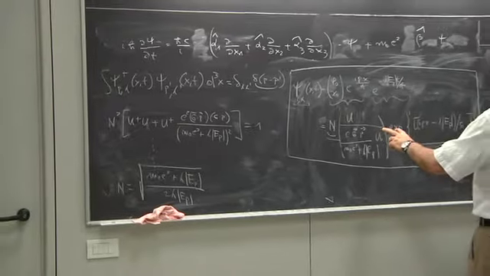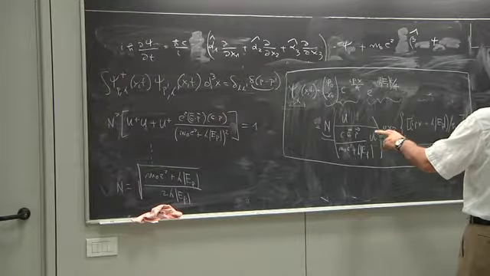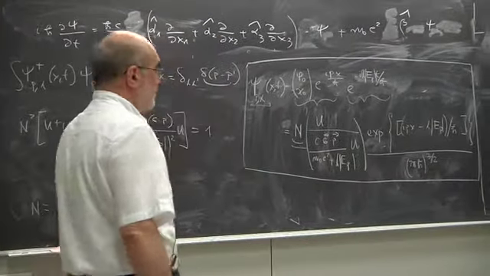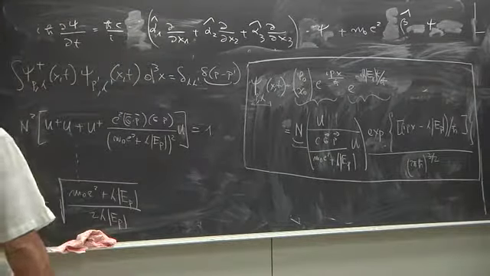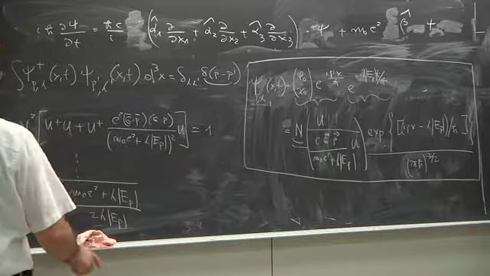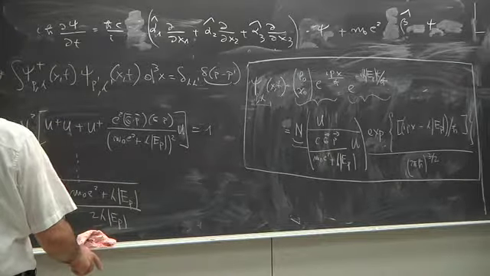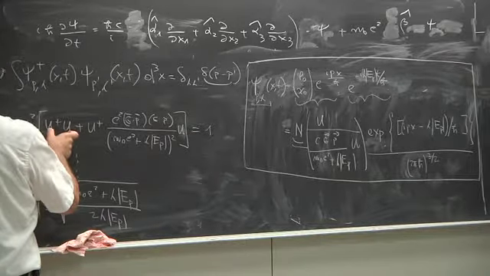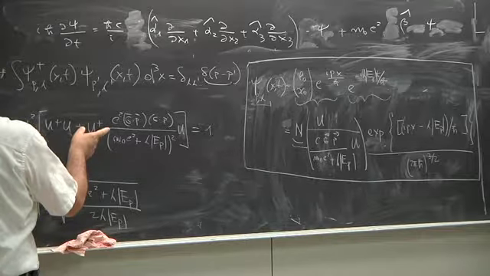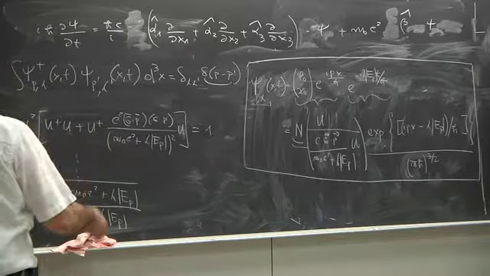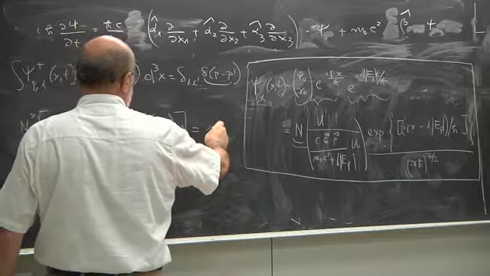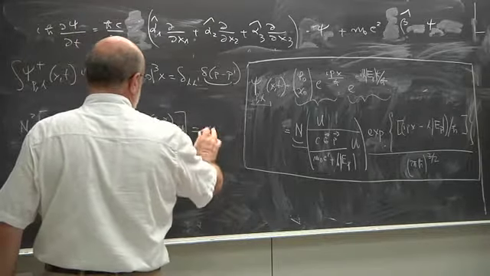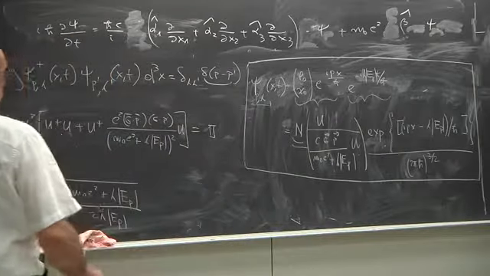Let me see if I did it right. There is a sigma p, there is a u. There is a u here. Now this one. Yeah, these objects actually are 2 by 2 matrices, so it must be the identity operator.